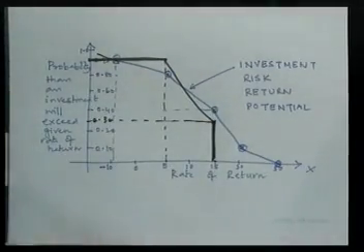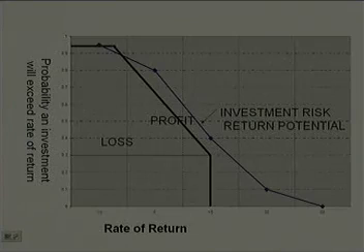The actual sketch you will get if you try to draw it on a scale would be something like this. This is not on the scale, but if you want to see how the acceptable investment diagram looks on a scale, it is shown on your slide.